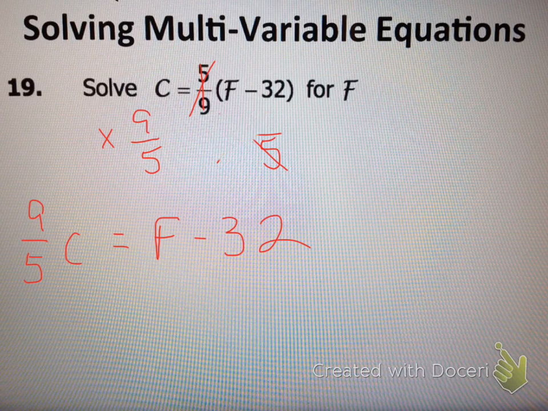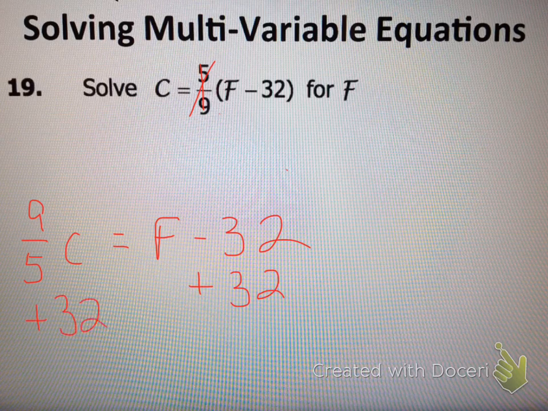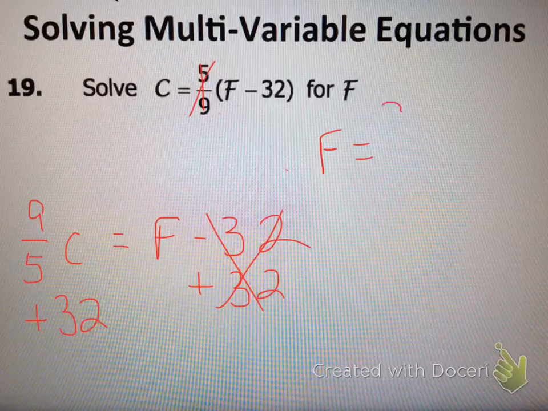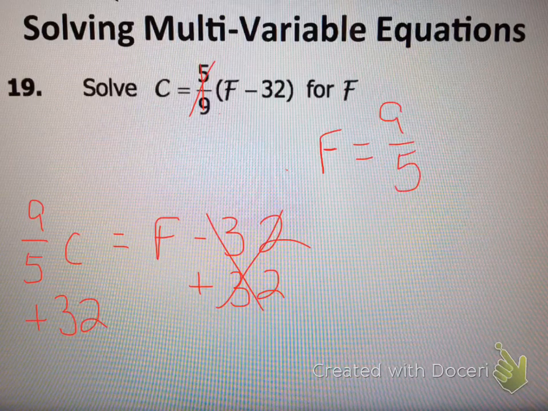So we've gotten rid of the 5 over 9 at the beginning of our problem, and our parentheses are gone. Now, easy solution from here. We move the 32 by adding it to both sides. Now, we don't add the 32 to 9 over 5 because the 9 over 5 is being multiplied by c. So what our answer equals is f is equal to 9 over 5 c plus 32.